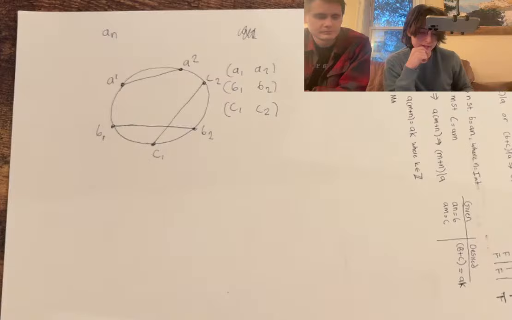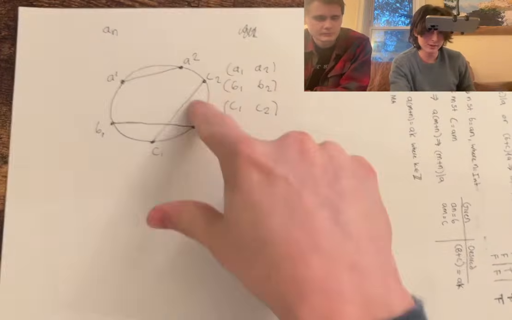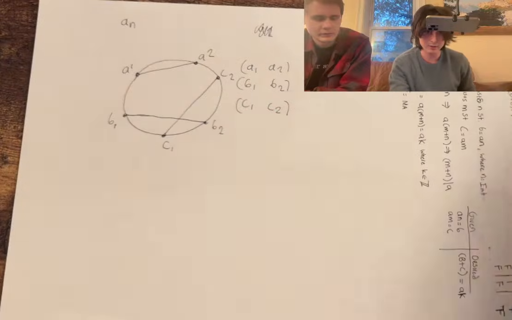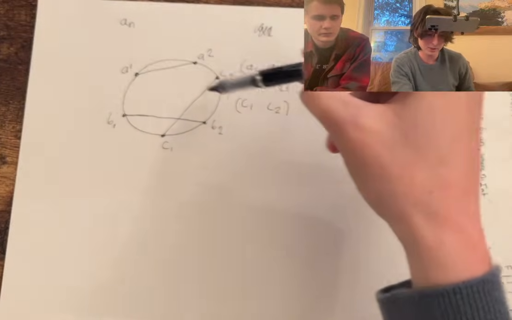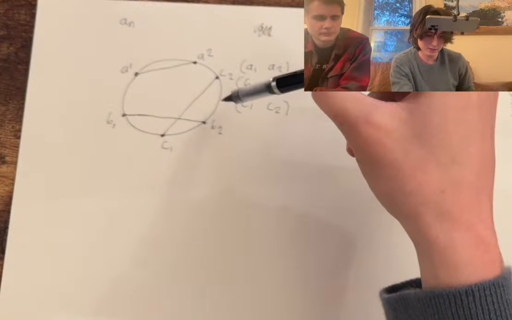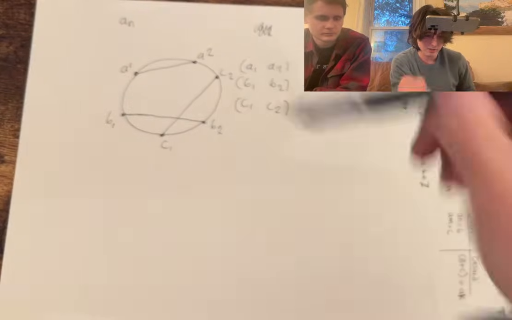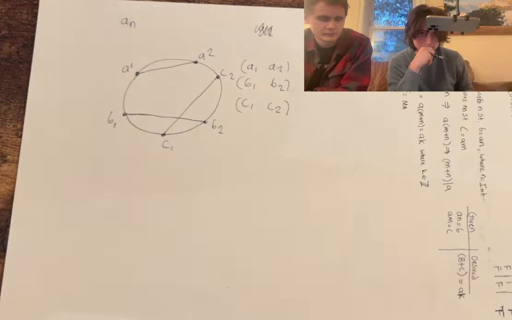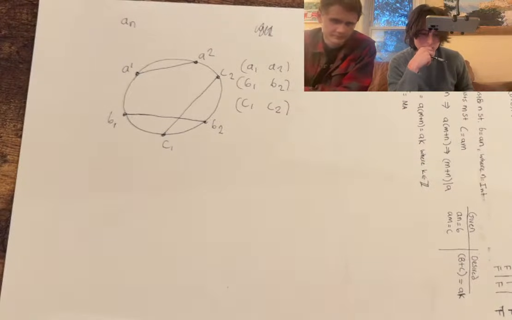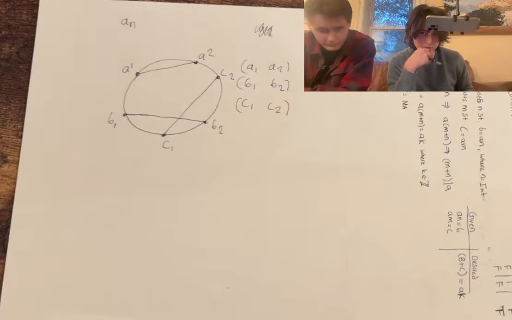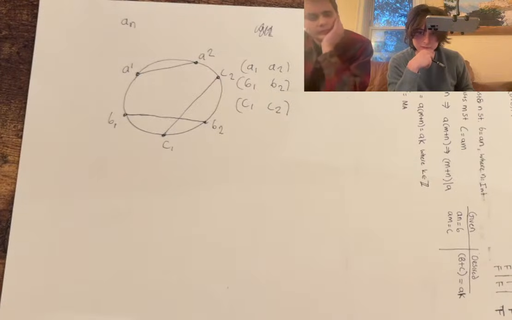Wait, I'm still slightly confused at moving this A2 to here so that this crossed an additional time. Doesn't that create an extra... Am I dumb? Aren't those two different amounts of... Yeah.